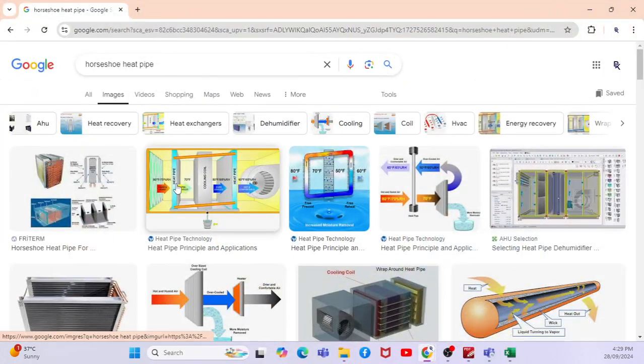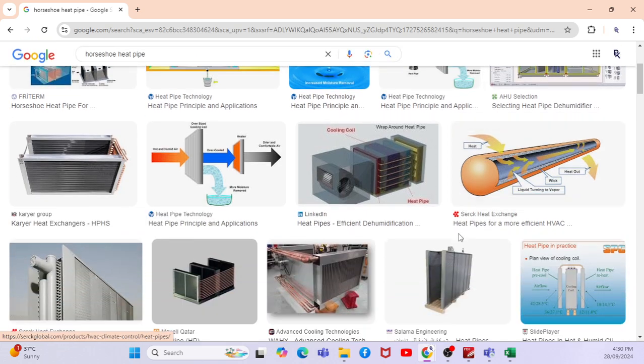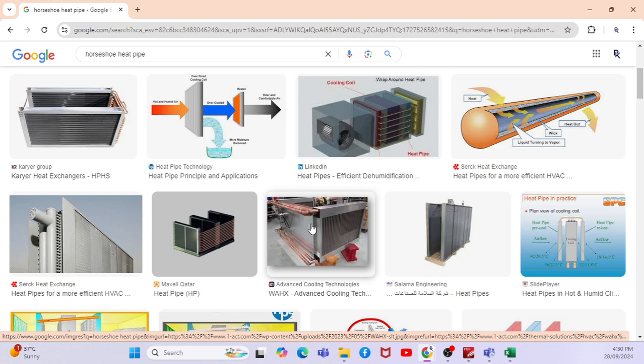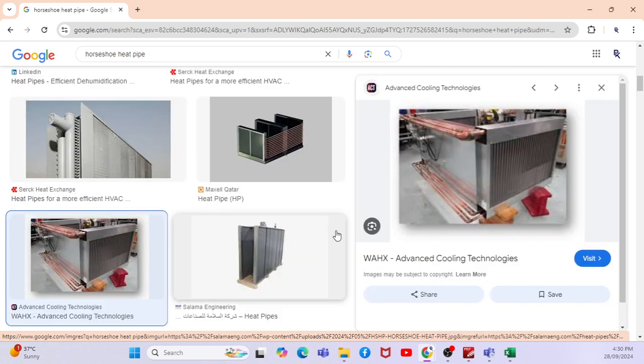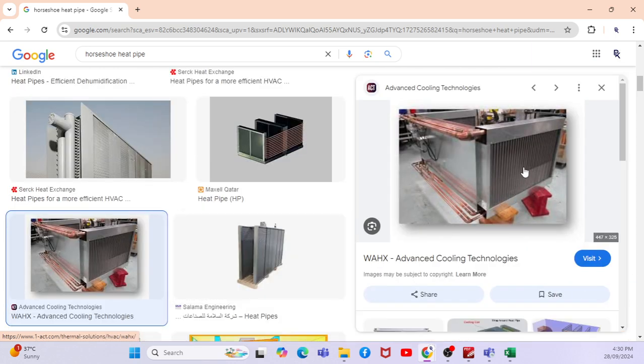You can see this picture here. If you want to see the actual picture, you can see this one. Now you can see the enlarged view, where you can see the refrigerant pipes.